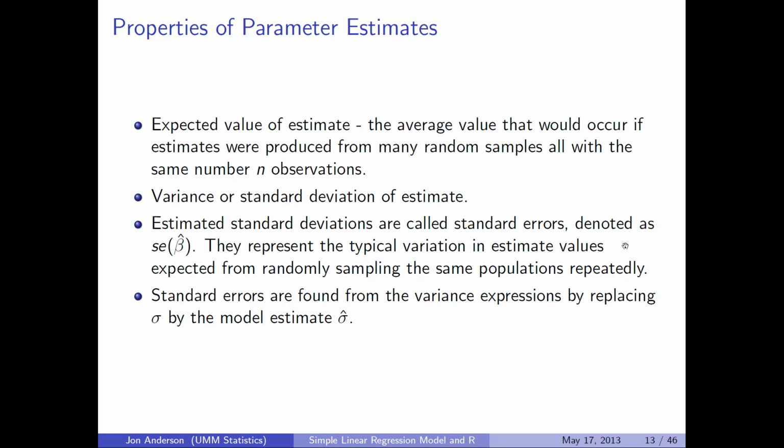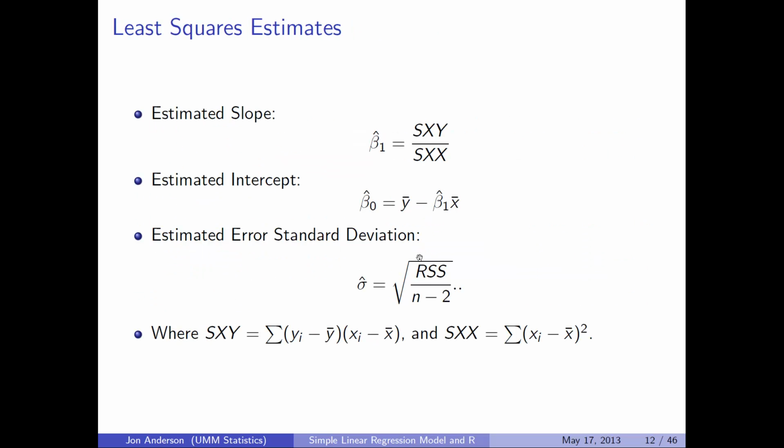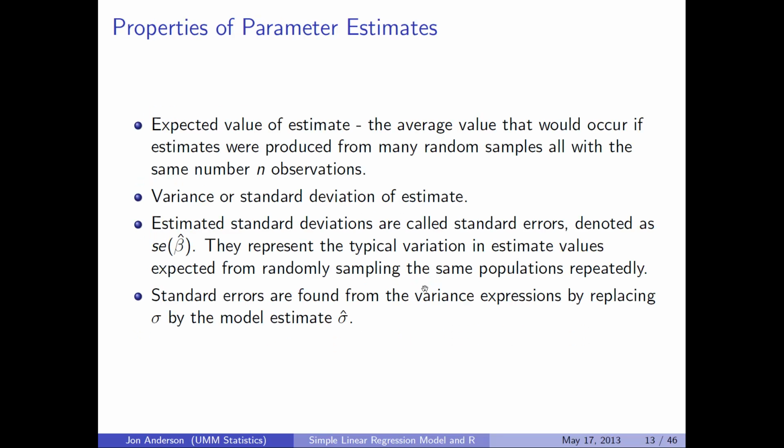The third bullet says that we're going to be able to come up with expressions that are estimates of the variance, and an estimated standard deviation of one of these beta hat estimates is called a standard error, and we are going to find standard errors by just replacing the real data generating mechanism standard deviation sigma by a data-based estimate of that variation sigma hat, remembering that sigma hat comes from our data values like the third bullet on the previous overhead 12.